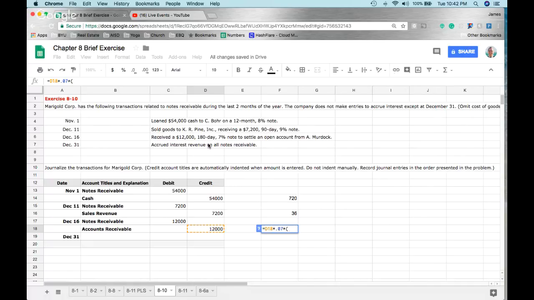So don't pay much attention to that. Just pay attention to how many days until the 31st. So this one would be 15 days. So it'd be 15 divided by 360, that's $35. So we add all these up.